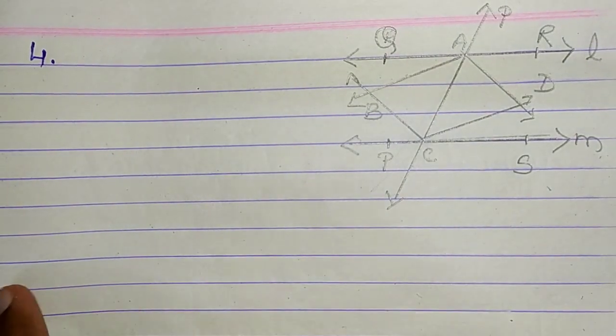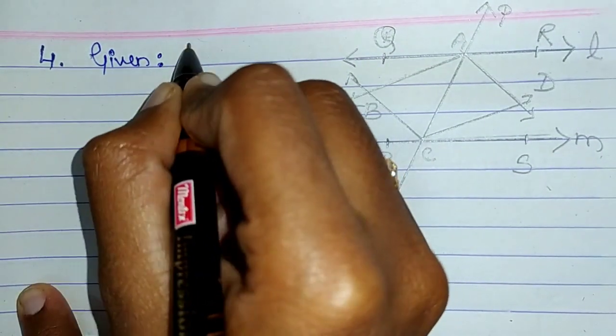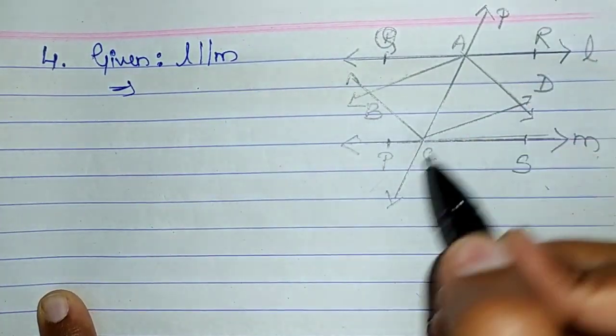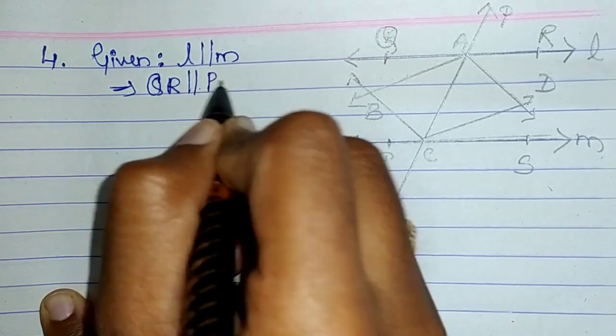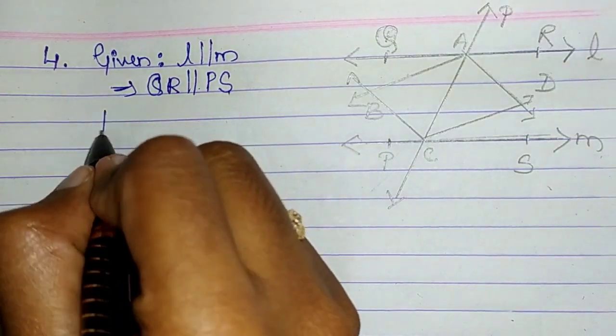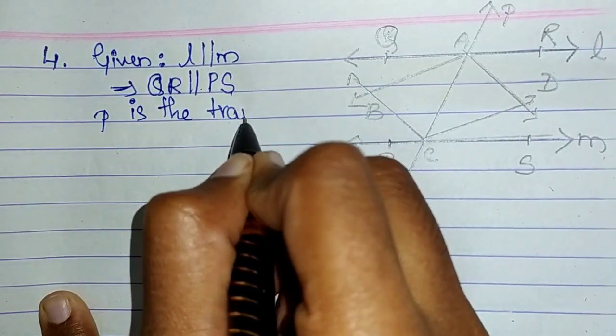So first, given L is parallel to M, this implies, you can see that there are points on the lines. This implies QR is parallel to PS. Similarly, P is the transversal.